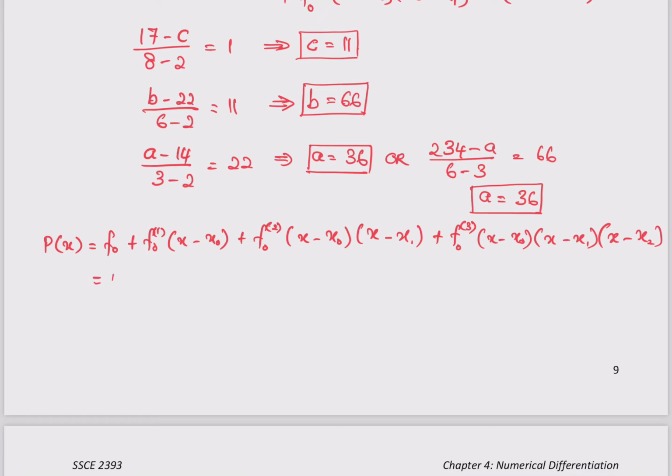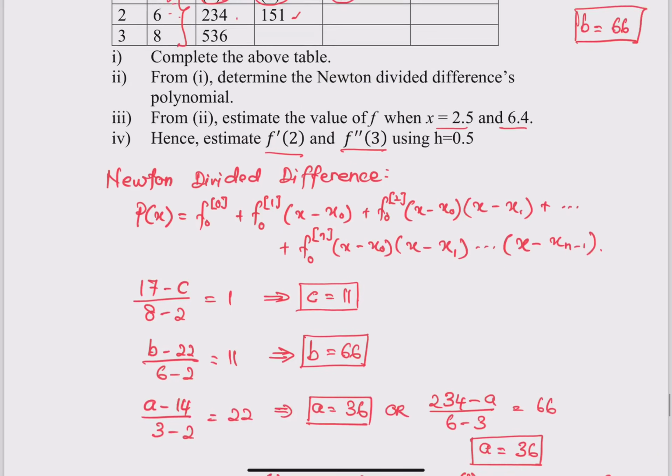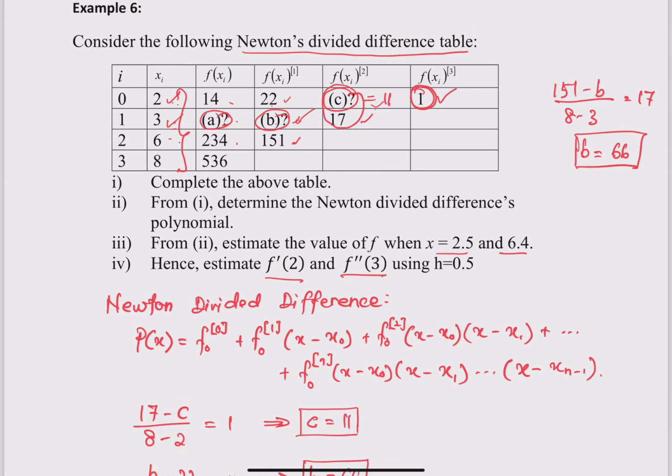f naught is equal to 14, plus f naught 1 is equal to 66 x minus 2, and then plus f naught 2. If you calculate, you will get 11 x minus 2 x minus 3, and f naught 3 is 1 here.